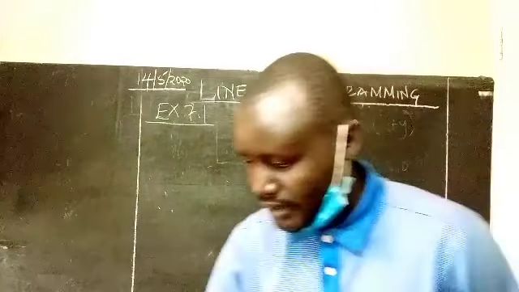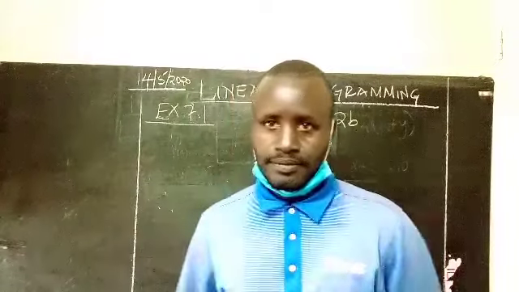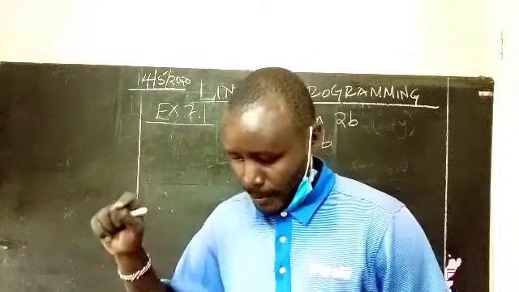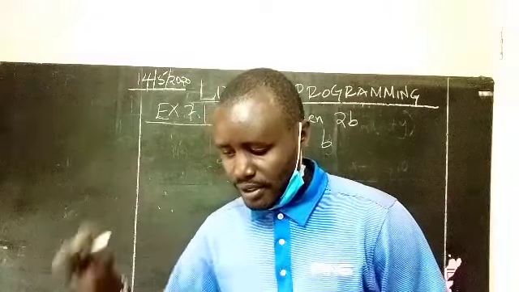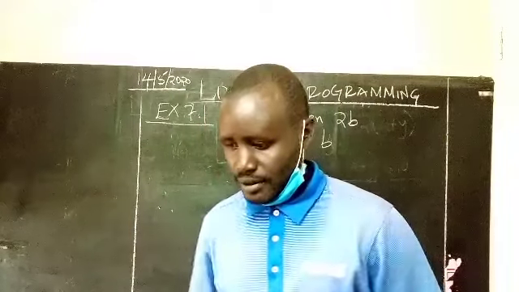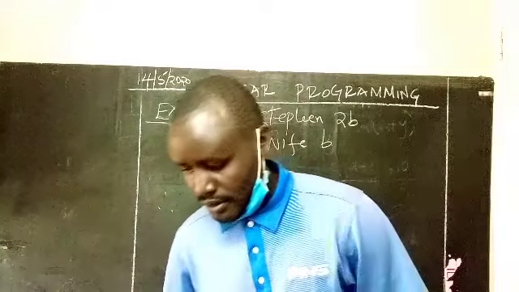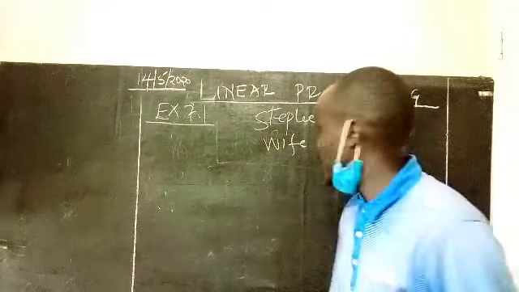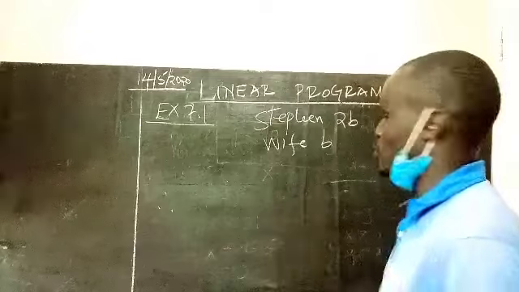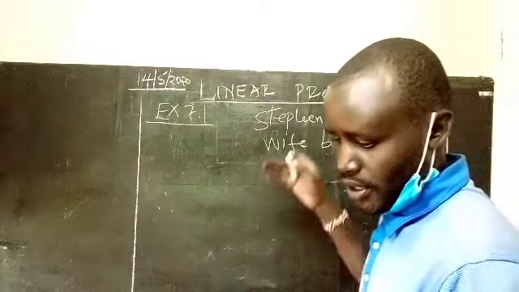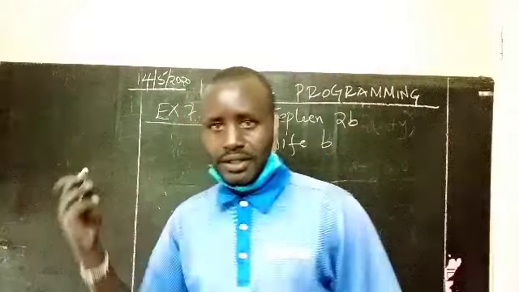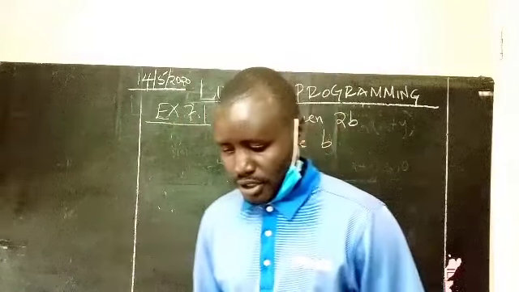But now the wife's salary is in excess of 4,000, and the sum of their monthly salaries is not more than 16,000 shillings, meaning when we add the 2 salaries, we are not going to get more than 16,000 Kenya shillings.